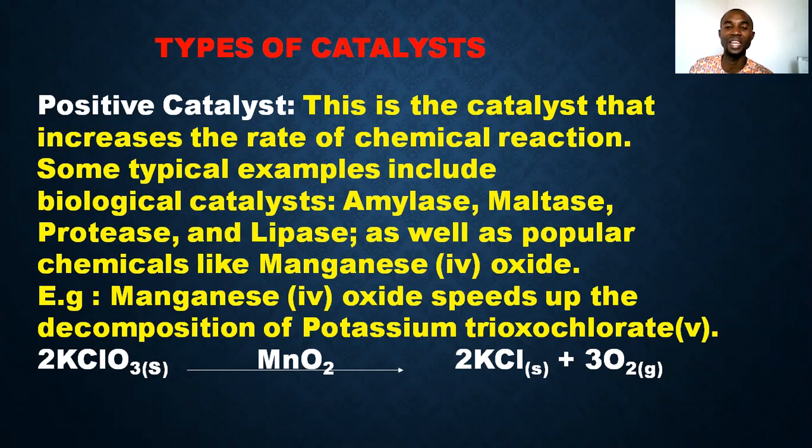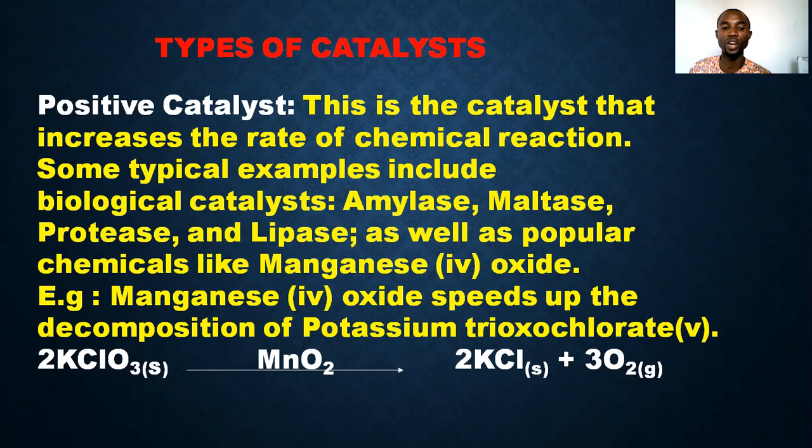What we just mean here is this. If a reaction would have taken something like 5 minutes, by the use of a positive catalyst it reduces to something like 3 minutes or 2 minutes, because a catalyst speeds up the rate of chemical reaction. The reaction occurs faster.